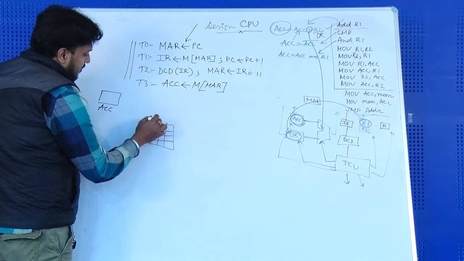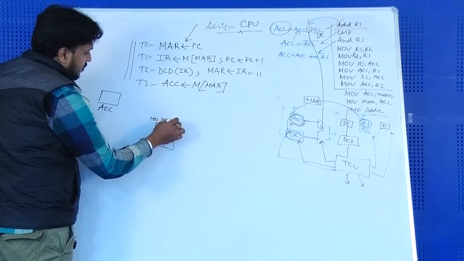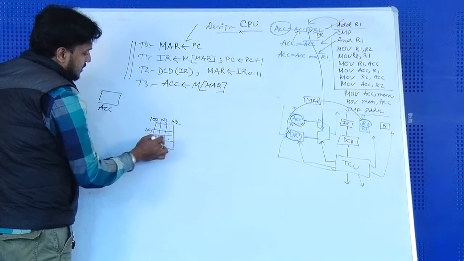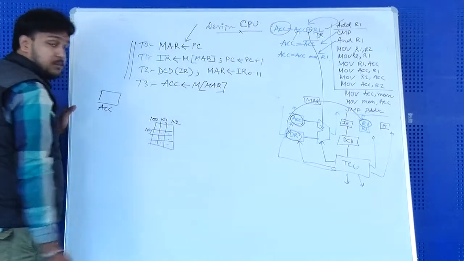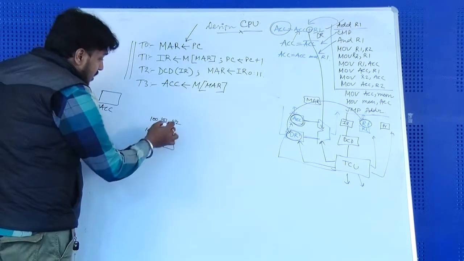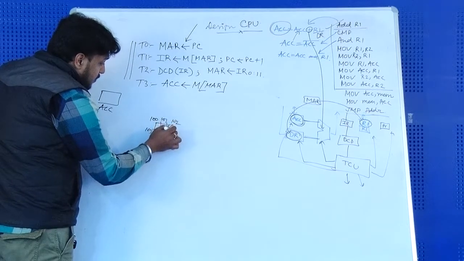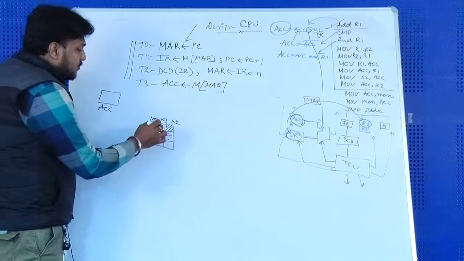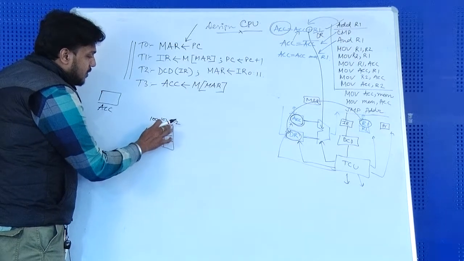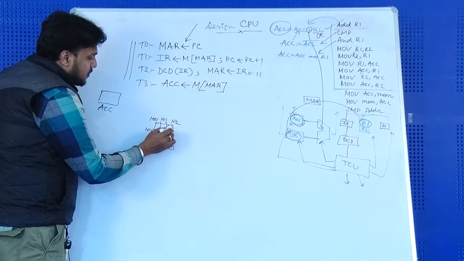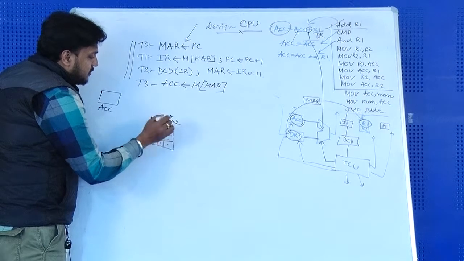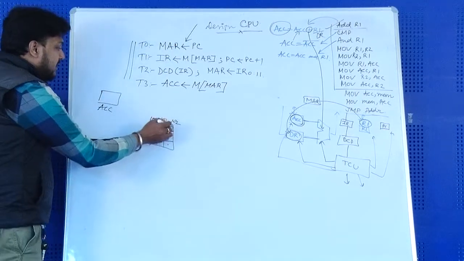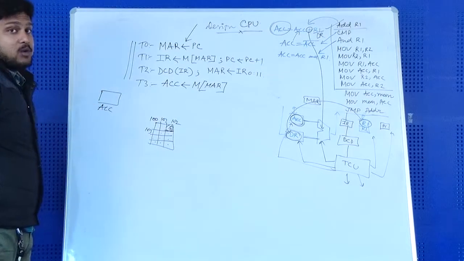This is 100, this is 101, this is 102, 103, 104, and the contents are 5, 6, 7, 8, 9, 10, 11, like this. Suppose that we want to get the element stored in memory location 102. Let us say 5 is stored in memory location 102. We want that 5 here in the accumulator.